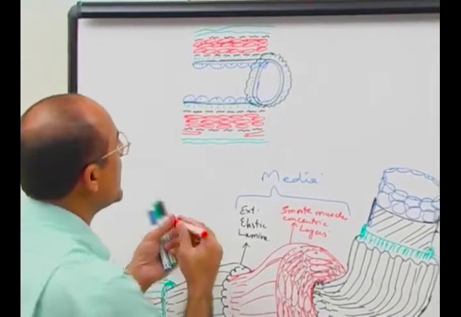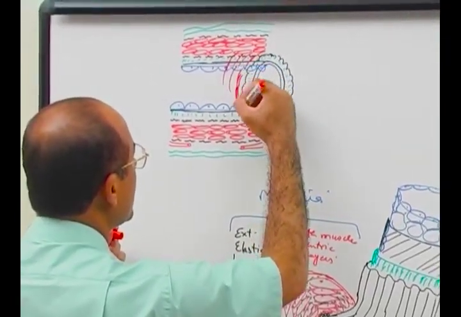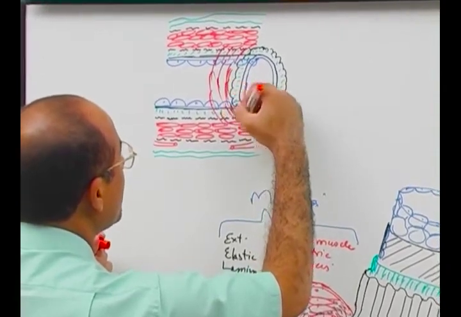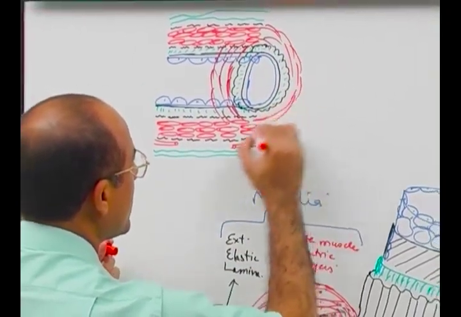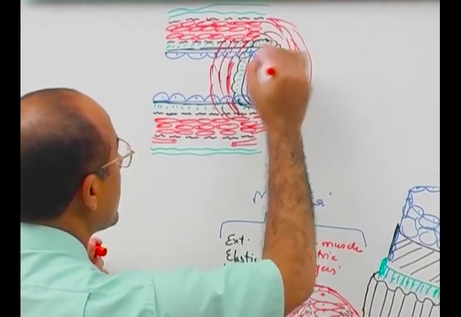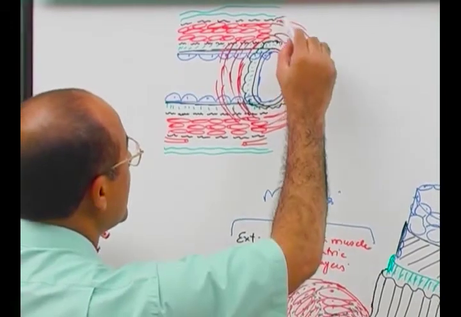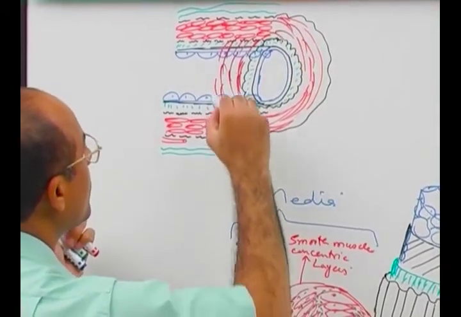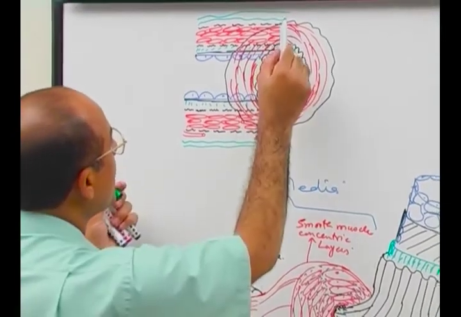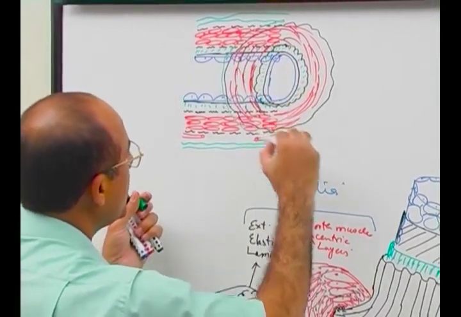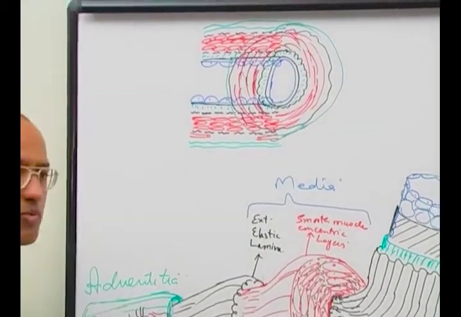And then around that there is a layer of, what was this? Smooth muscle, and this will be then external elastic lamina, and eventually outside that this will be adventitia. What is confusing?